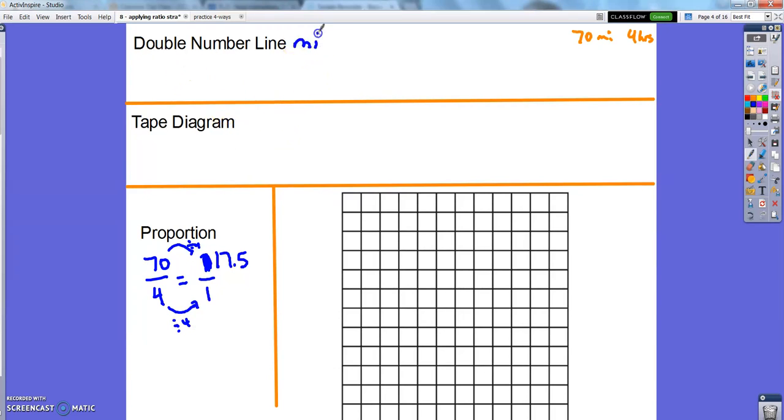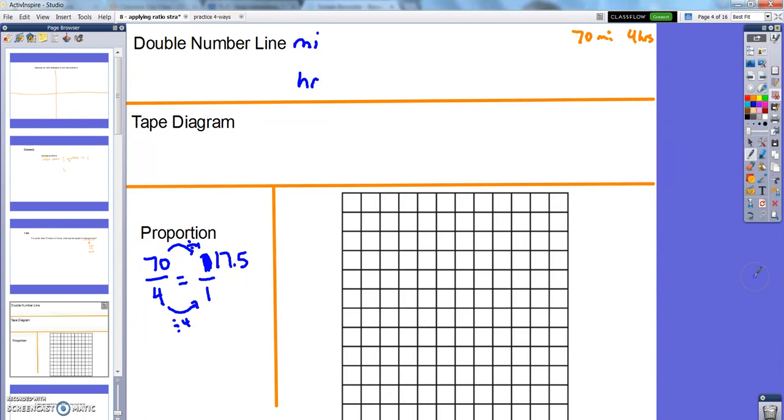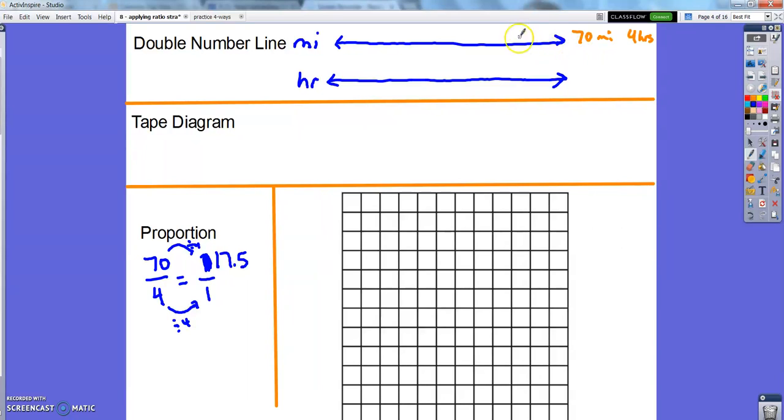Let's do miles and hours. So I'm going to set up my miles number line, hours number line. And since I know I'm going to go backwards, like back from 70 to 17, back from 4 to 1, I'm going to put the entry I know over here. I know it's 70 miles in 4 hours, and I'm looking for how many miles in 1 hour.